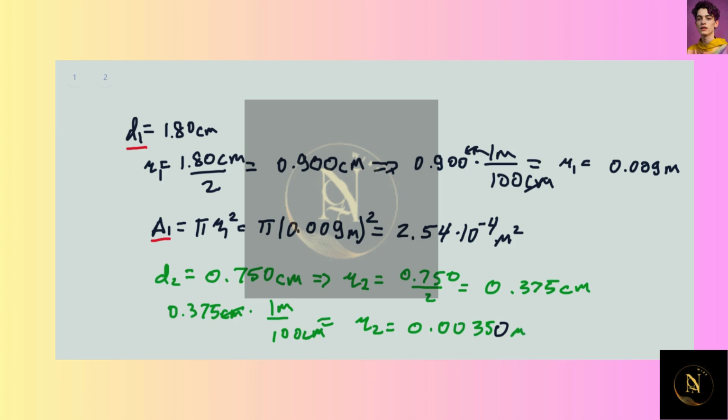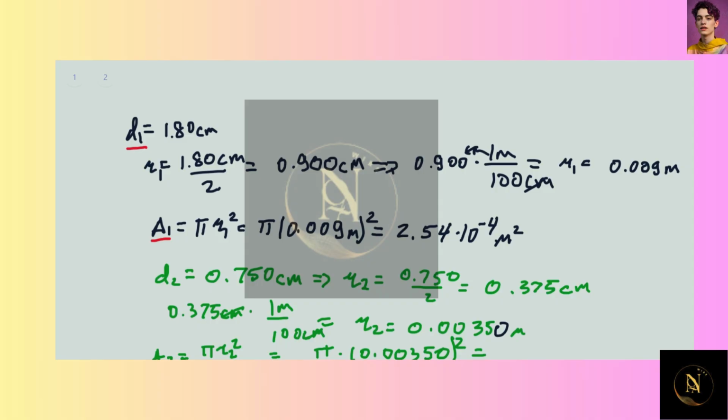And then let's really quickly compute A2. Now, A2 is going to equal pi times R2 squared. This means that it's going to be pi times 0.00350 squared.